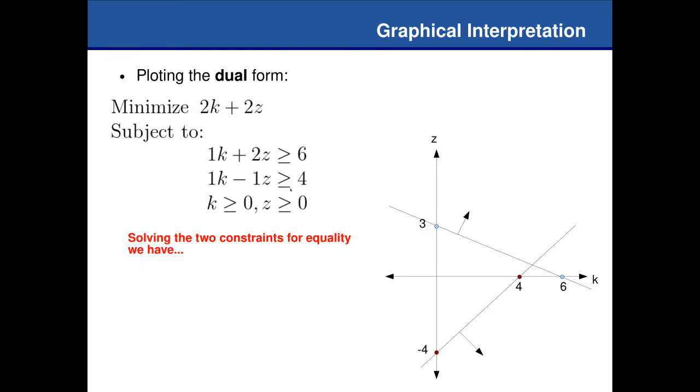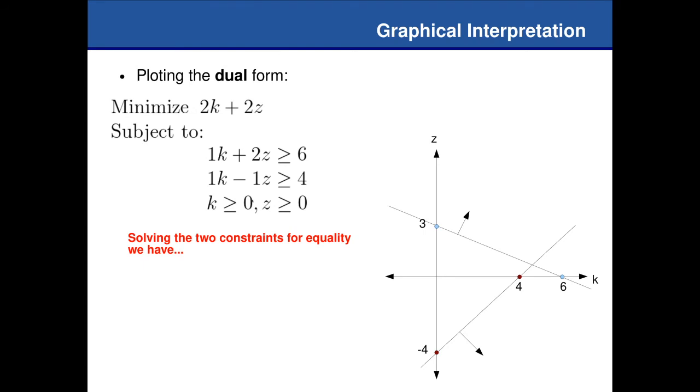I must be greater than or equal to 4. If I take any number here, like (4, 4), which would be a point over here, I would have 4 times k minus 4 times z. Sorry, my bad, the coefficients are 1 in terms of k and minus 1 in terms of z.